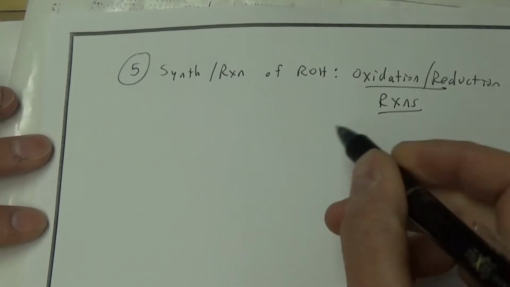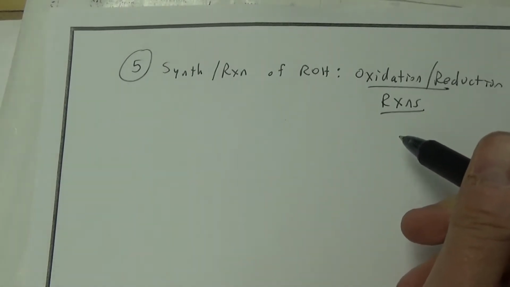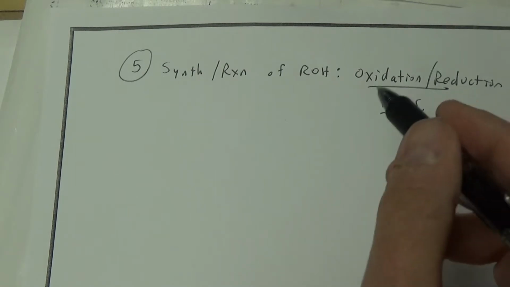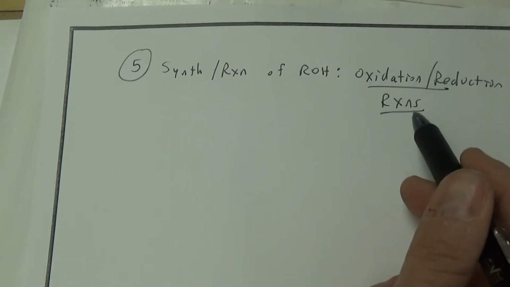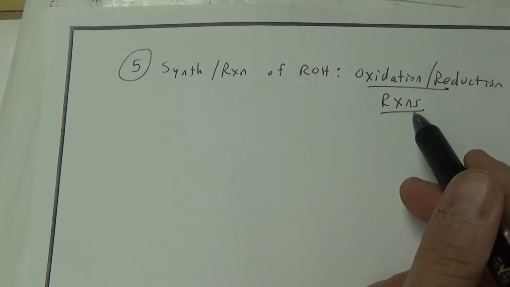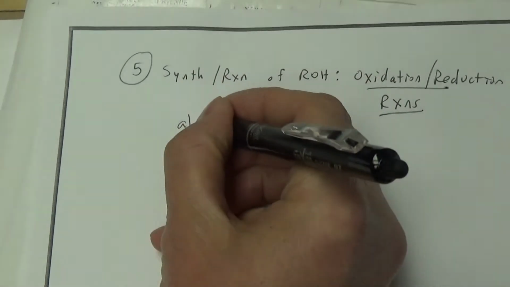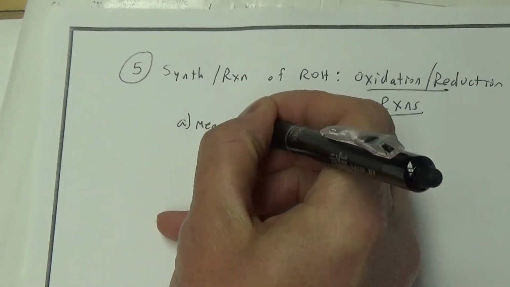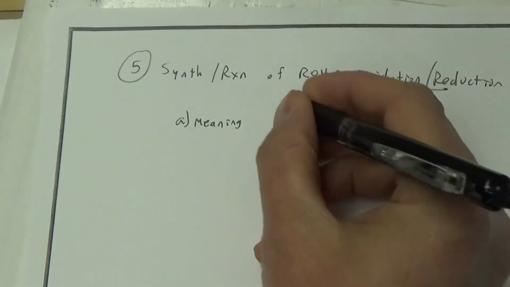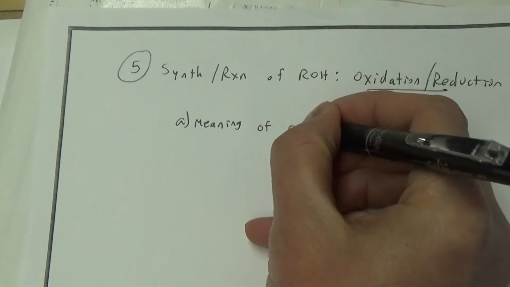This is a different class of reactions that create alcohols, or reactions that change alcohols into other functional groups. So what's the meaning of these words? Meaning of oxidation and reduction.